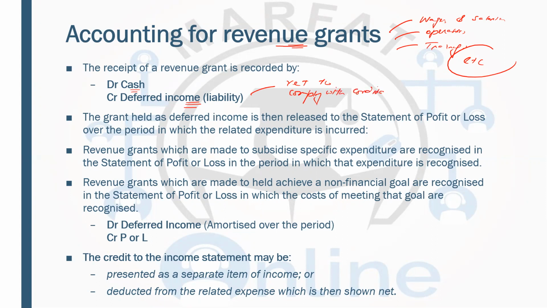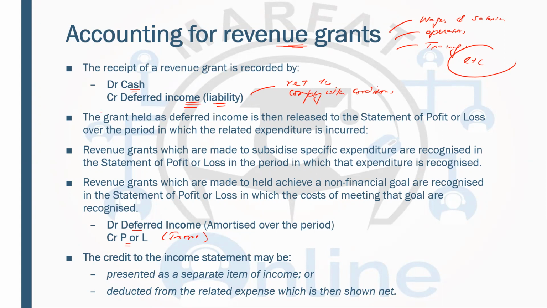So when you are yet to comply with the conditions, you record the grant as a liability in the first place. Then, as you systematically meet the conditions, you de-recognize the liability and credit the profit or loss, which means recording the grant as income in profit or loss.